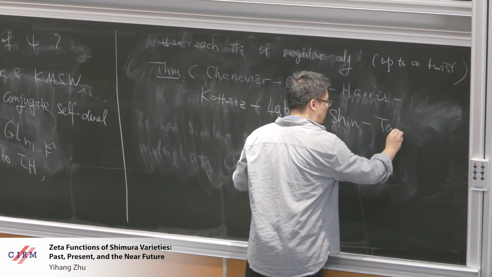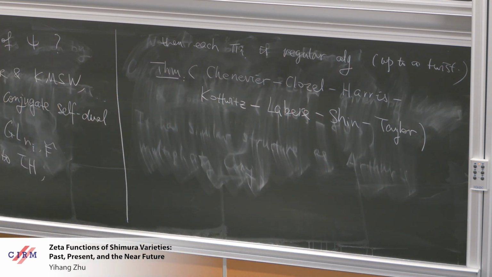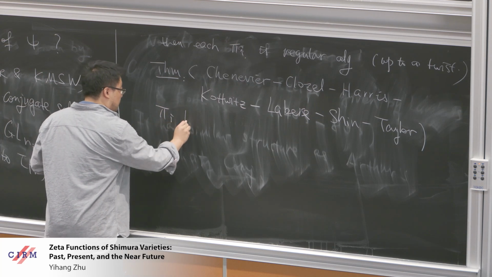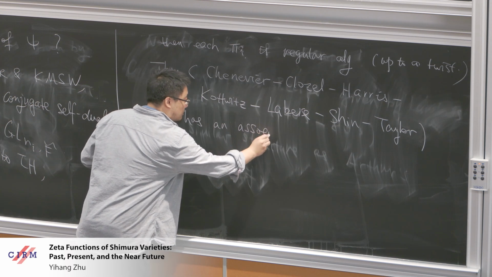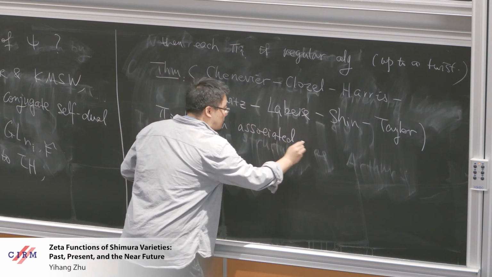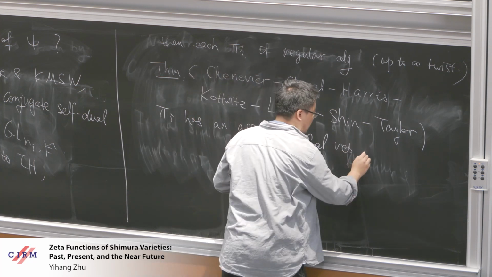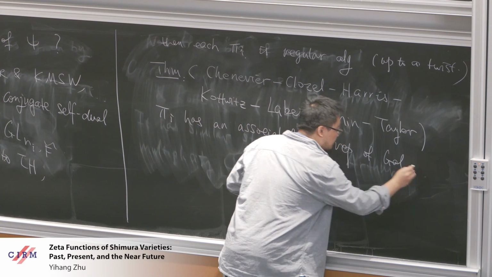Okay. Right, so this says that this pi_i has an associated Galois representation of the CM field F tilde.